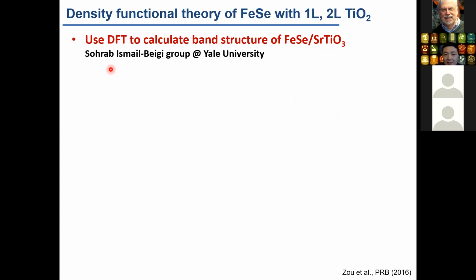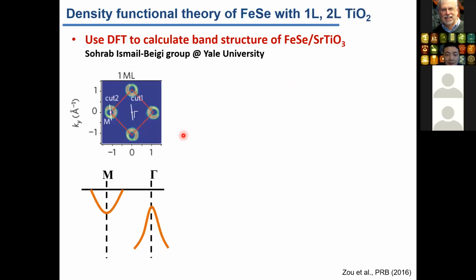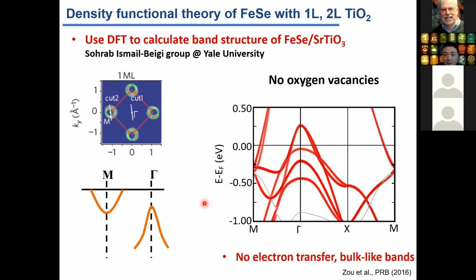Our collaborator, Professor Schwab Ismail Beiji's group, used DFT to calculate the band structure of iron cyanide sitting on one-layer or two-layer TiO2 terminated STO. Remember the main feature for the one-layer case: because of the electron doping, the whole band at the Gamma point goes below the Fermi level. So we want to watch for that in the DFT calculation.